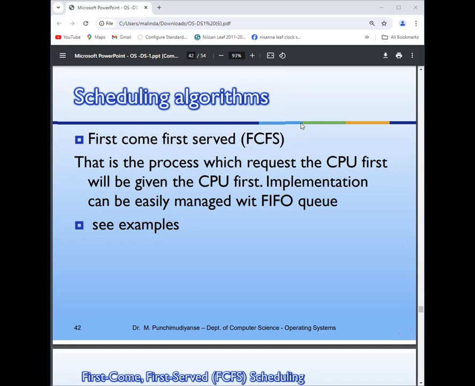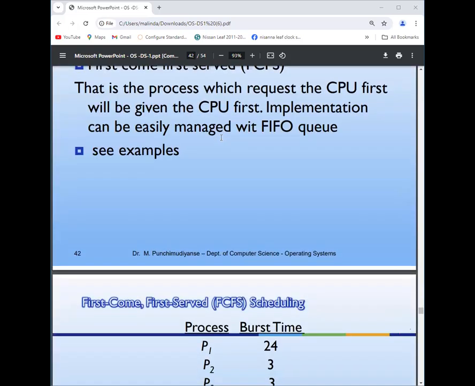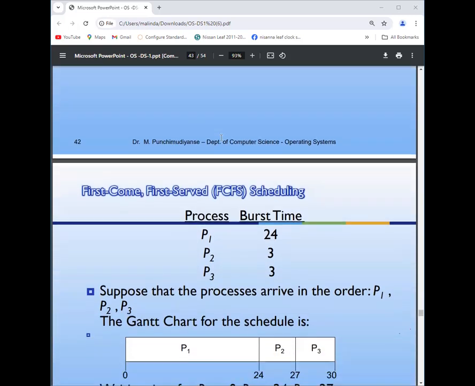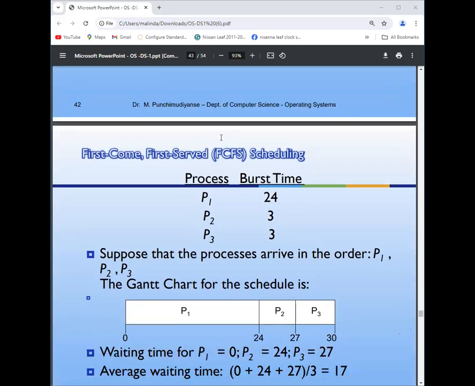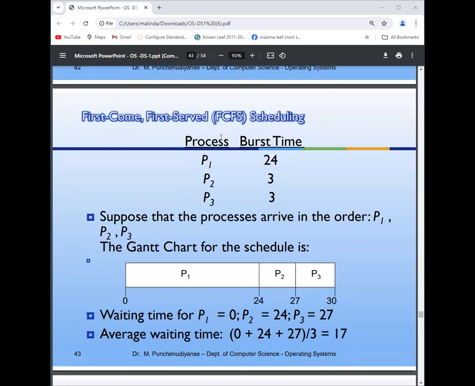When a job is admitted first into the ready queue, it will get the CPU time first. So first come first served scheduling is the first one. Now remember, this kind of scheduling is very much needed in a CPU, and it is happening.